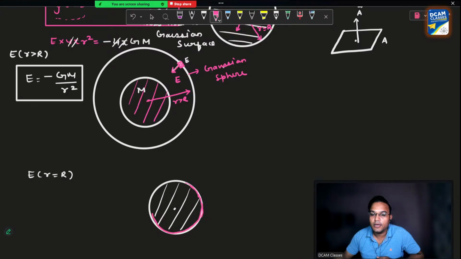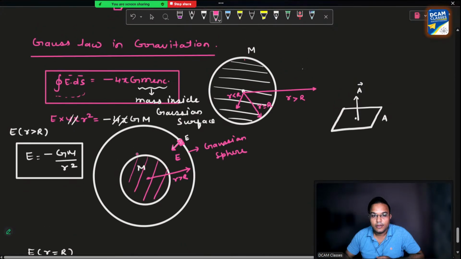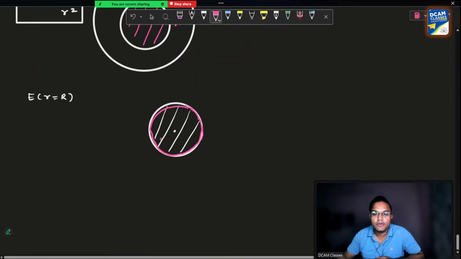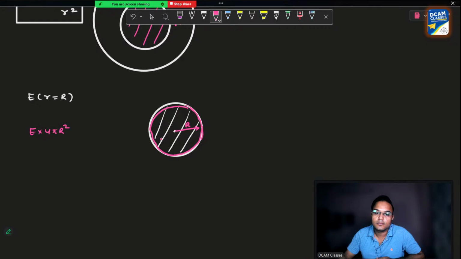The pink line I have drawn now is my Gaussian sphere. So E dot dS will be E into 4 pi r square, which is equal to minus 4 pi G times the mass enclosed inside. What is the mass enclosed? The mass of the sphere. So the field is minus GM by capital R square.